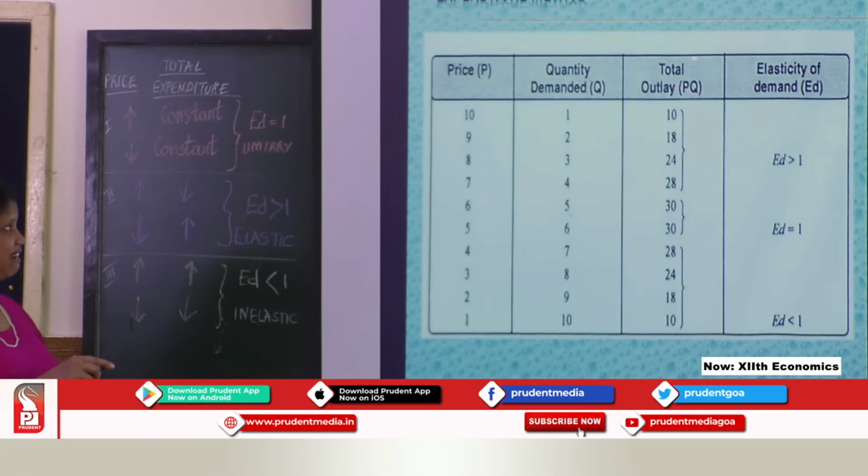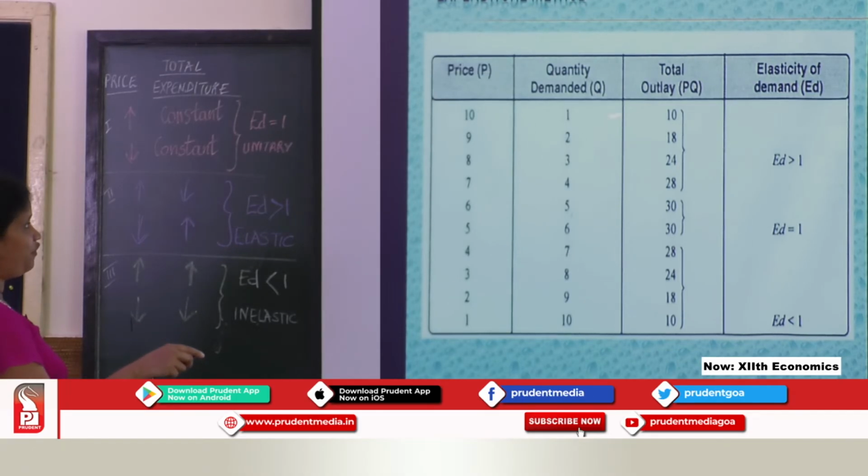I get this column when I multiply these two columns. So, 10 into 1, 10; 9 into 2, 18; 8 into 3, 24; 7 4s are 28; 6. In this way, this is basically a product of the first and second column.